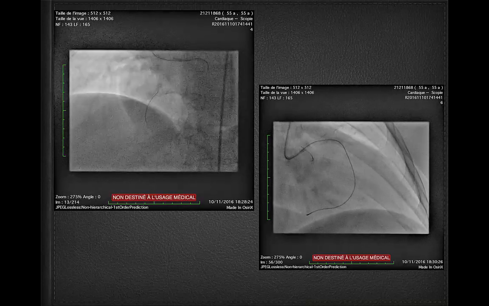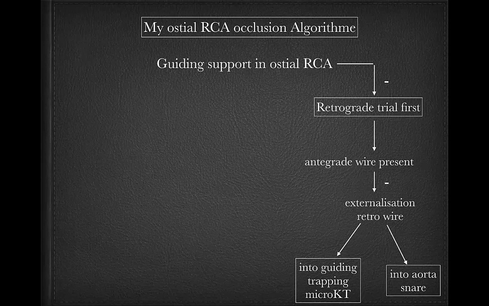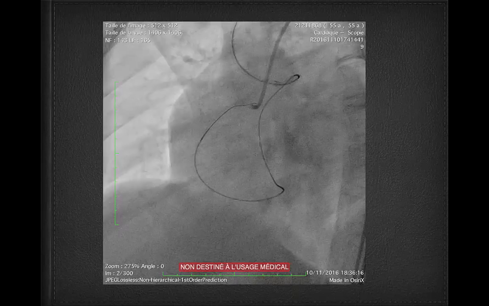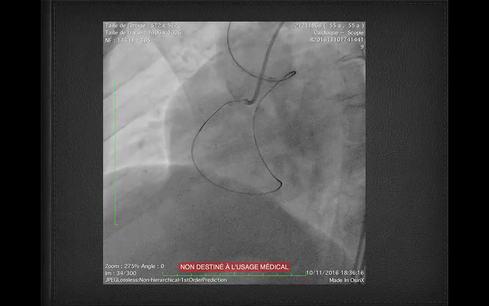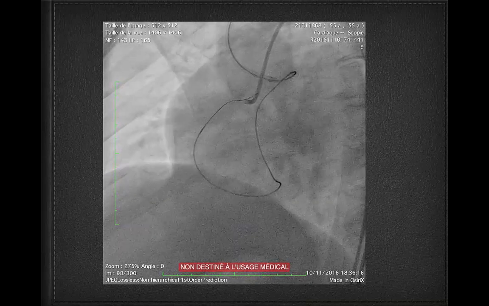So then two possibilities: snare into aorta, or try to get inside your guiding catheter with your wire. So we do it with my friend Laurent Drogoul. I work a lot with him at the Arnaud Tzanck Institute.